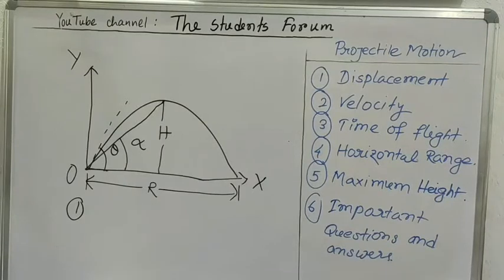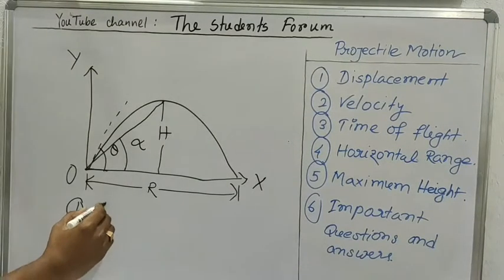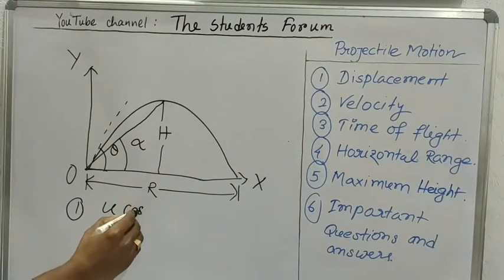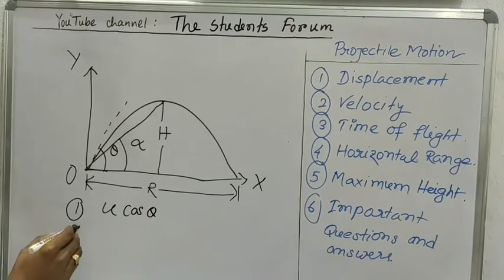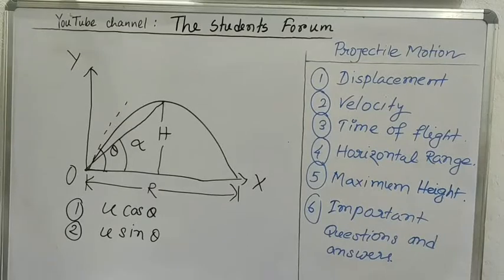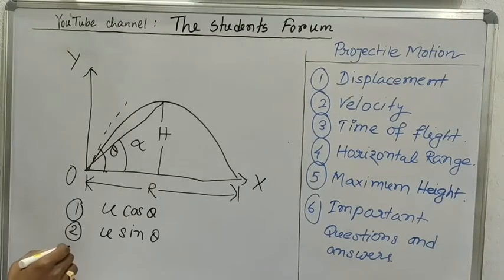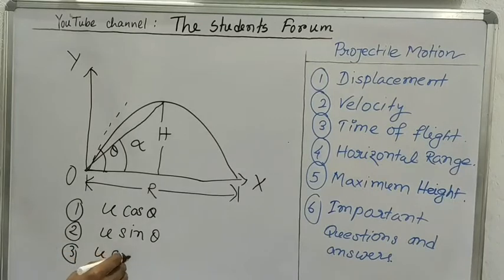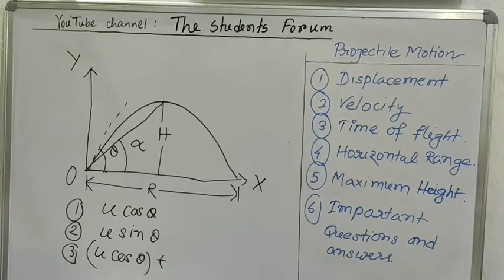One, the horizontal component of velocity is u cos theta. Number two, the vertical component is u sin theta. Number three, the horizontal displacement is given by u cos theta into t, where t is the instantaneous time.